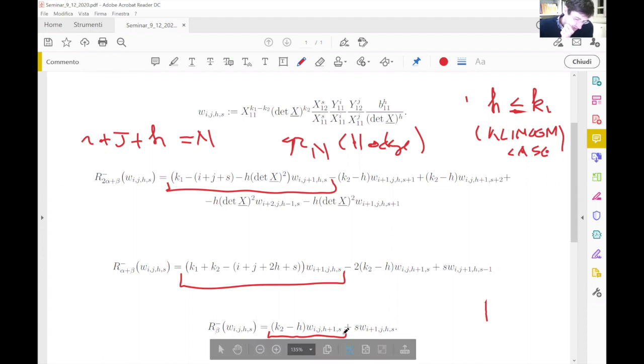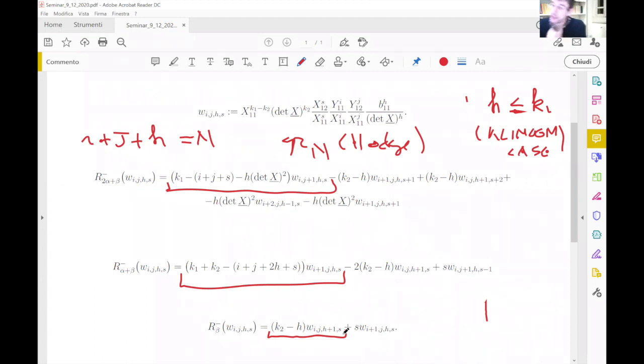And you see, if you are on the fraction field, so to speak, of some open of the weight space, in the Iwahori case, all these elements that appear in front become invertible.